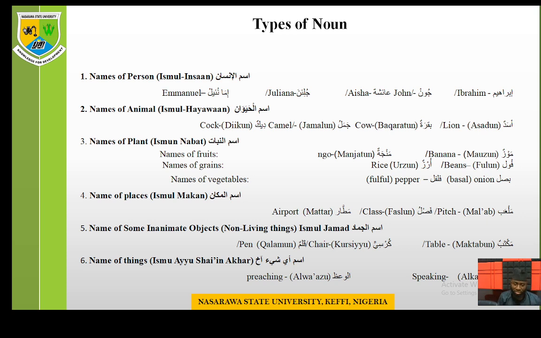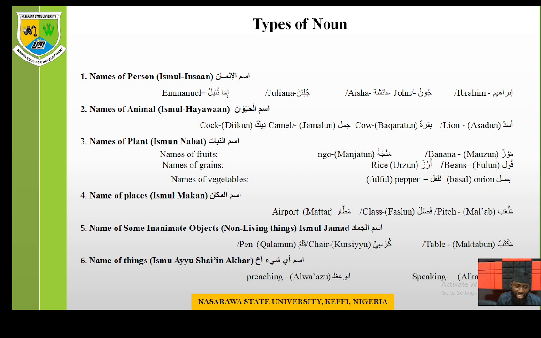This is the basic sentence that we use to define the noun. So we quote it how it was in that book, and we don't want to change anything. This is the reason why we did not put ismul makan. But we added it here because it is part of the types of noun.